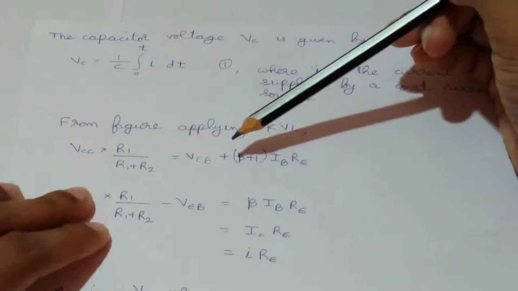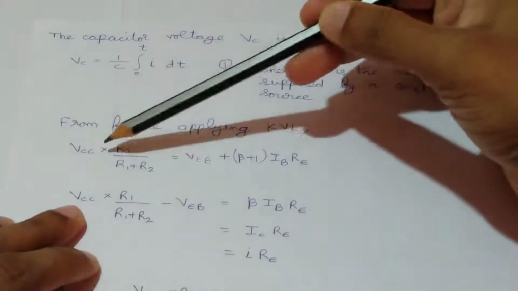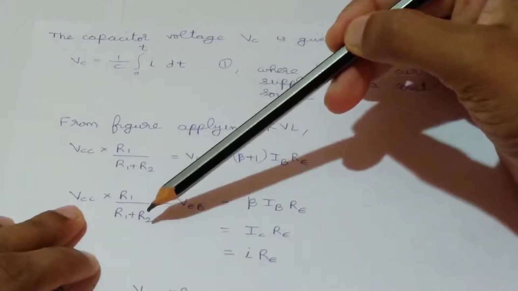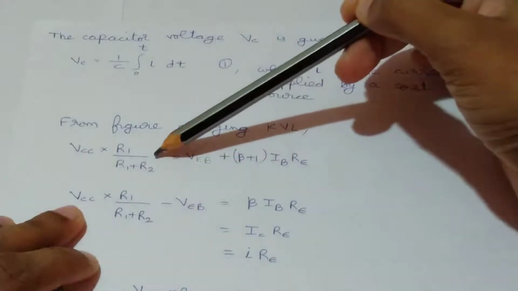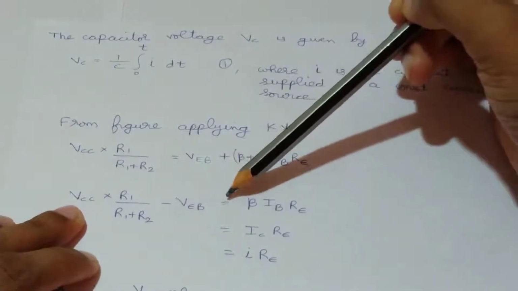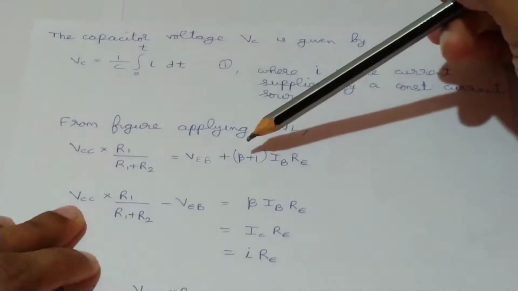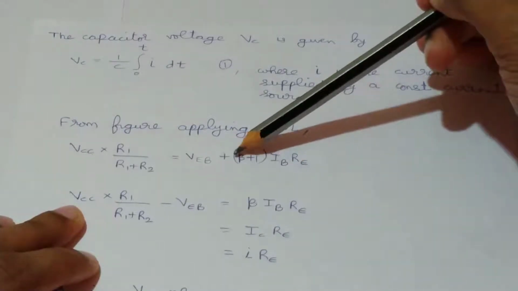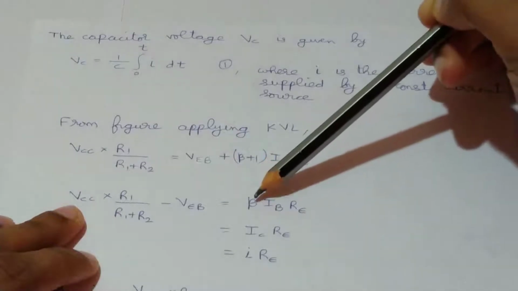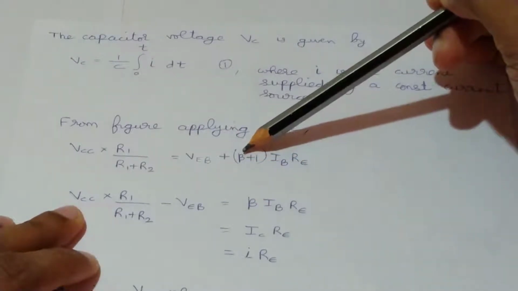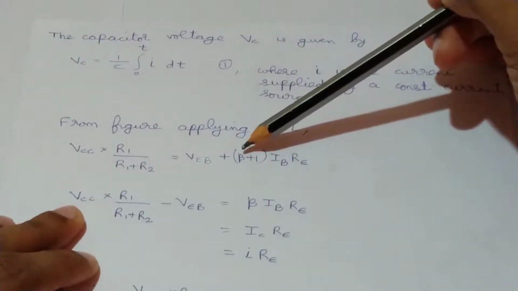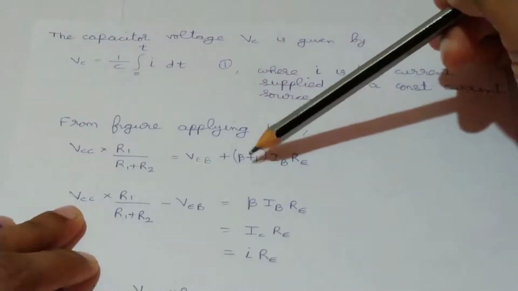We can rewrite this as VCC into R1 divided by R1 plus R2 minus VEB is equal to beta plus 1 into IB RE, and we can approximate beta plus 1 as beta, because beta is a very large value.